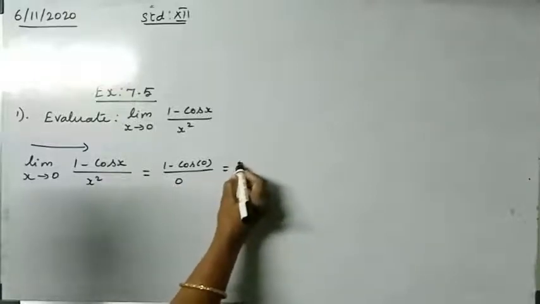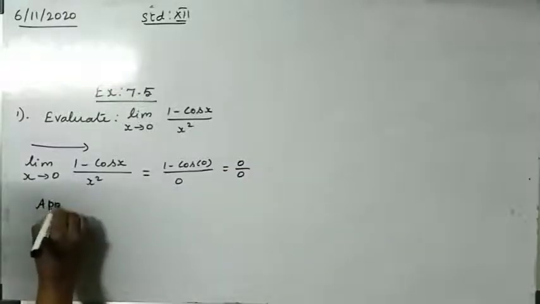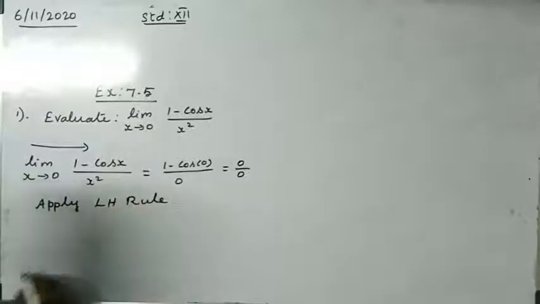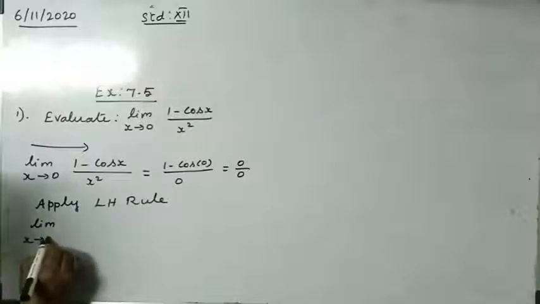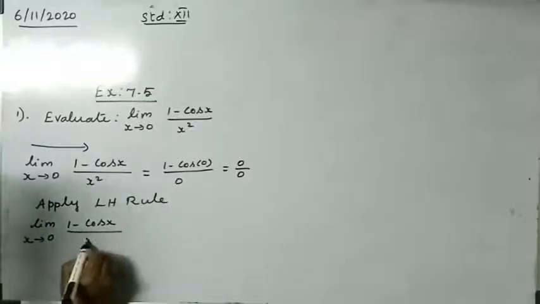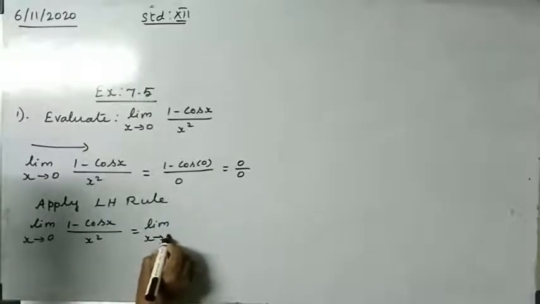So 1 minus 1 is 0 by 0 form. So apply LH rule. So first write the limit x tends to 0, 1 minus cos x divided by x square is equal to limit x tends to 0.